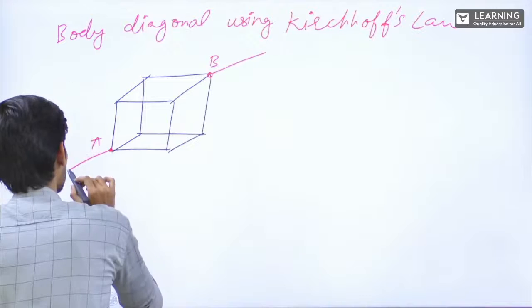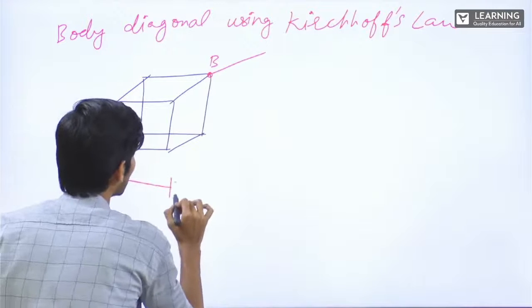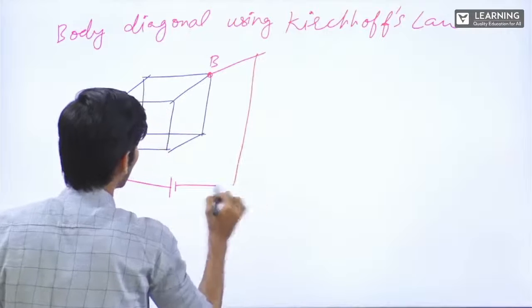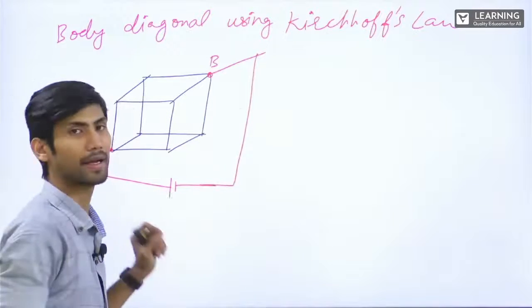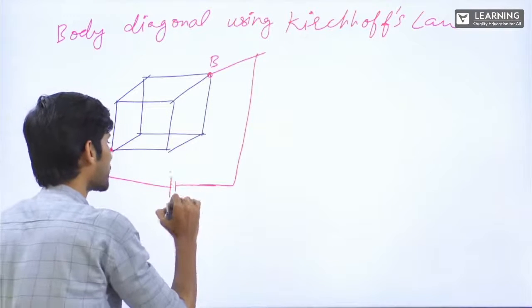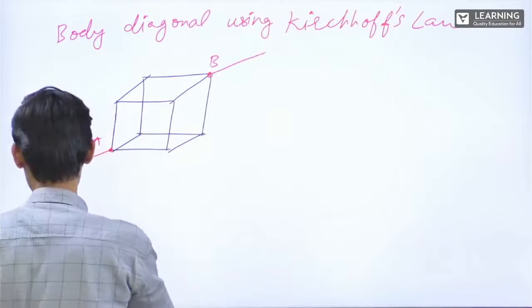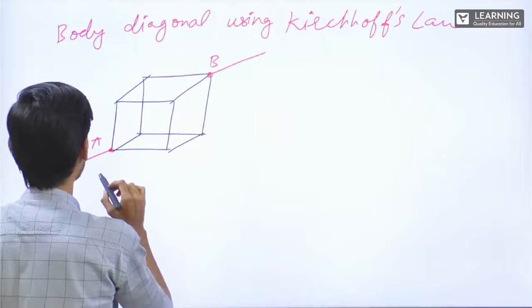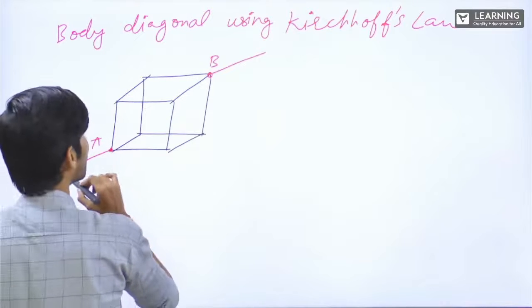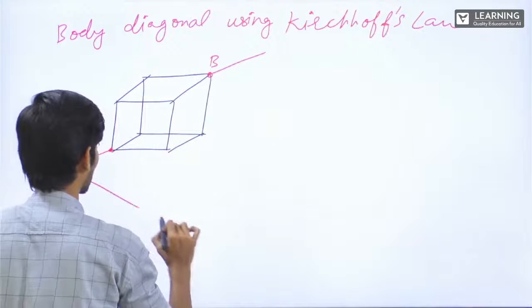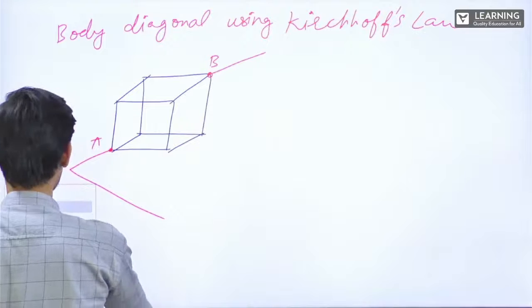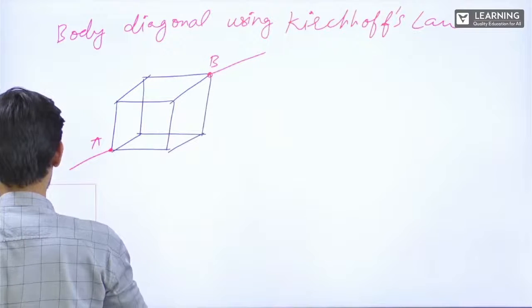So first let's assume there is a battery which is connected like this. Fine. Across AB, a battery is connected of potential V. So first thing in Kirchhoff's law was to draw current from the battery. How to make this? Okay, let me make it simply.